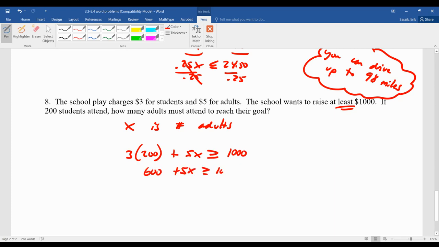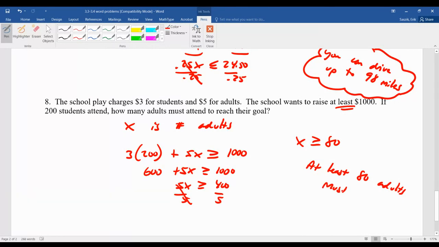So now we're just solving. Move the 600 over by subtracting, and you will get x is greater than or equal to 80. So at least 80 adults must attend to reach their goal.